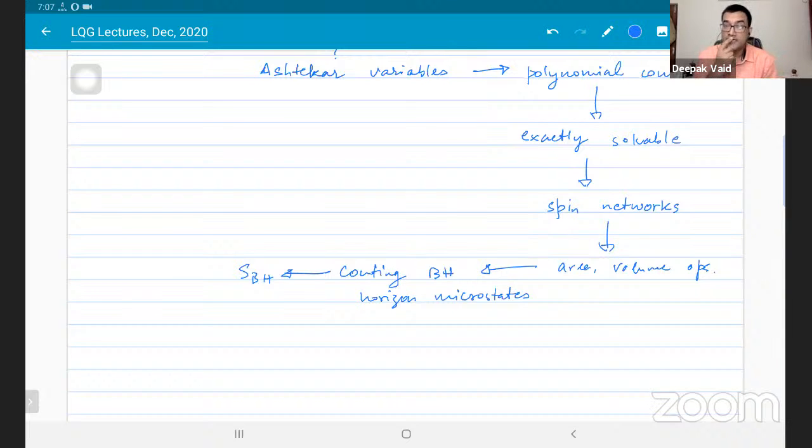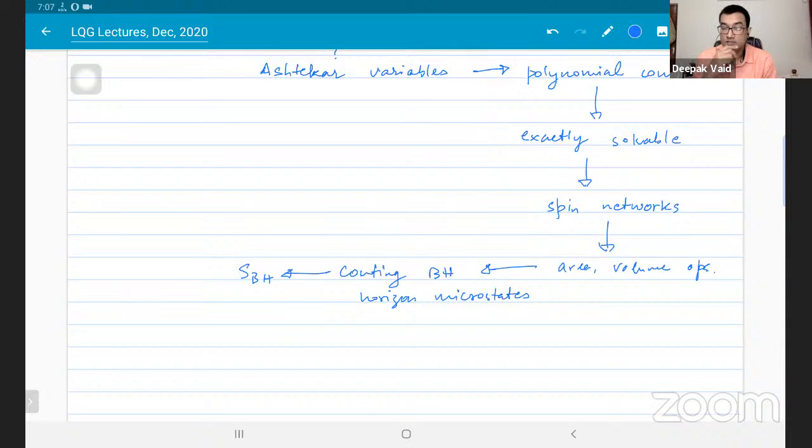But what has happened, unfortunately, is that the string theory community has completely refused to acknowledge that loop quantum gravity has anything to do with reality. For some reason, I don't know what the reason is.